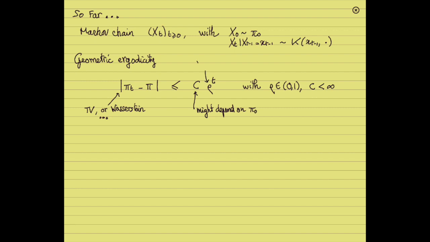And the question is how to obtain such results. We've looked at different generic techniques to obtain such results. In particular, drift conditions, minorization condition, also contraction between chains, iterated random functions, and so on.